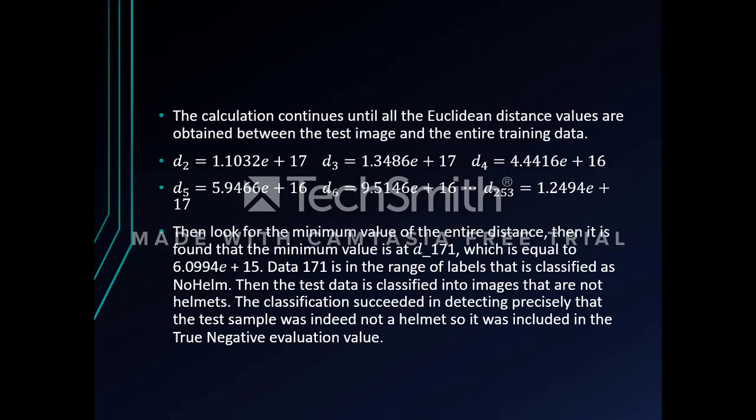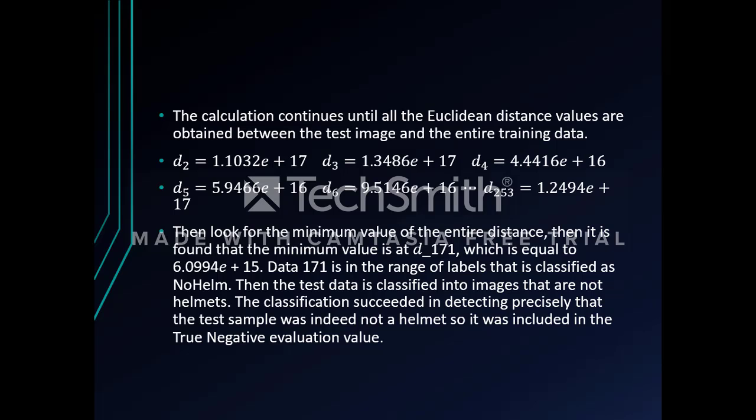The calculation continues until the Euclidean distance values are obtained between the test image and the entire training data. Then look for the minimum value of the entire distance.